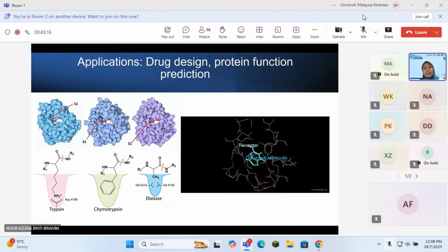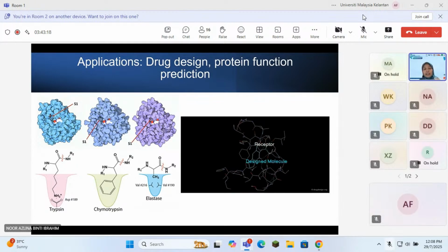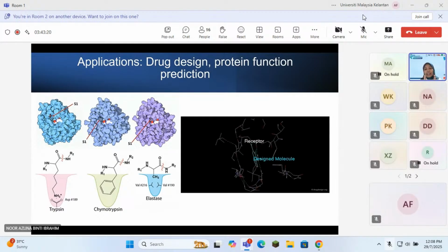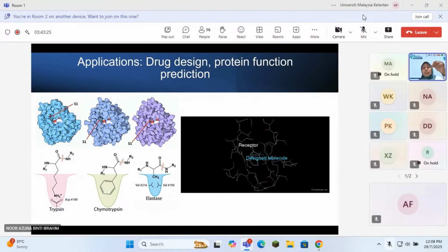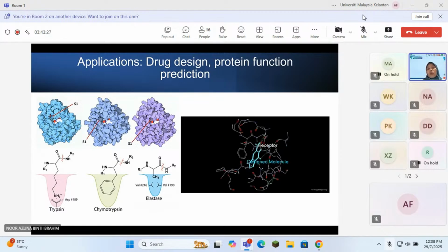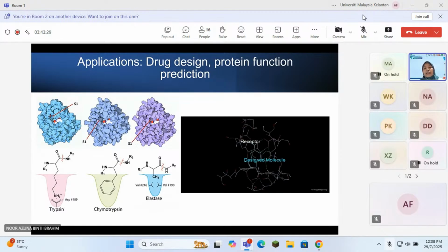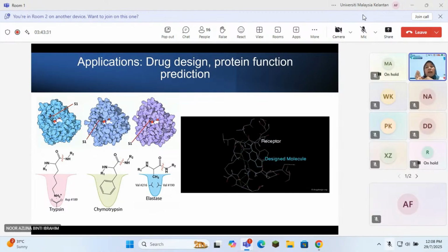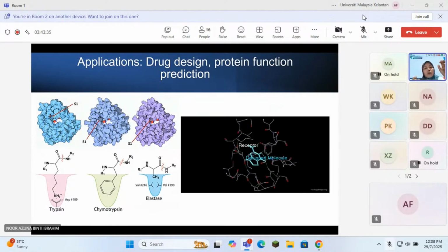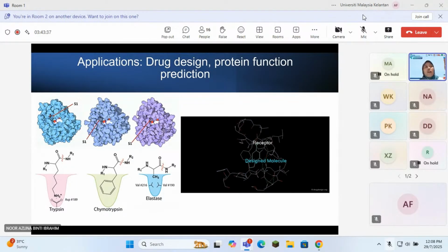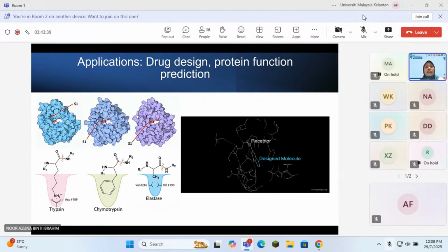Meanwhile, elastase has a very short binding site. So we can know which amino acid can fit the binding pocket at the active site, and what kind of amino acid can be hydrolyzed by this enzyme.